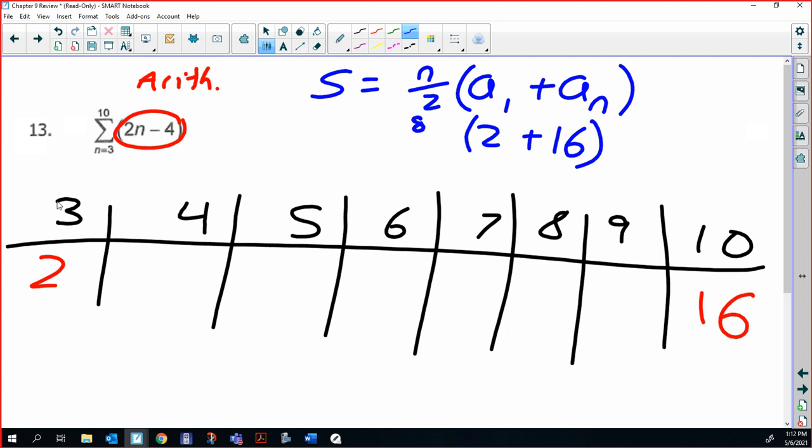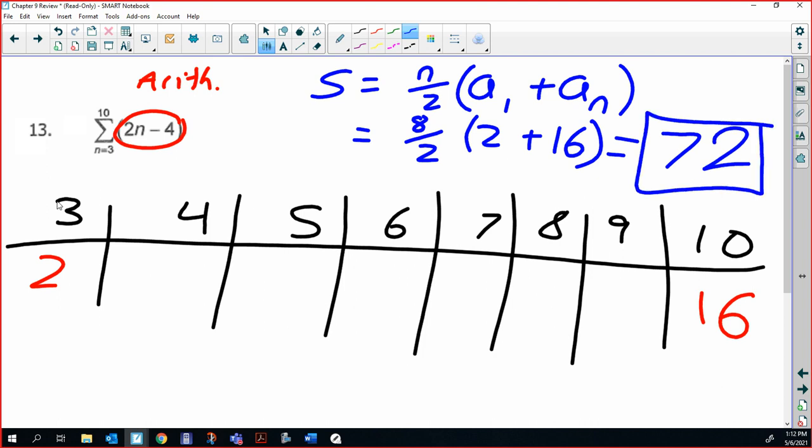So that's 8 divided by 2. That's how many numbers there are, counting 3, counting 10, all the way in between. So this is going to be 4 times 18. And you can use a calculator. You don't necessarily need to, but it's 72. So the answer is 72.